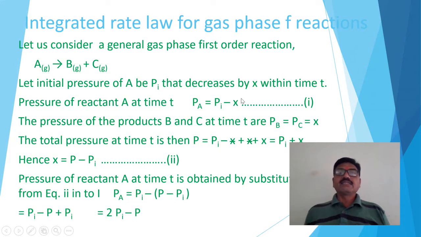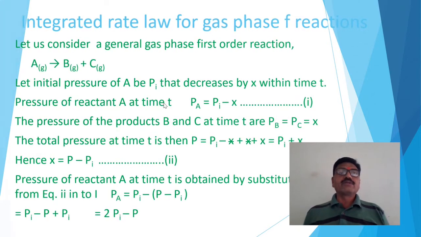Just the value of X is substituted here, and then we get Pi minus P plus Pi. Solving this, finally we have Pa equal to 2Pi minus P.